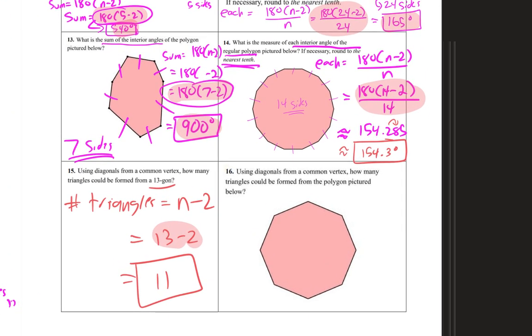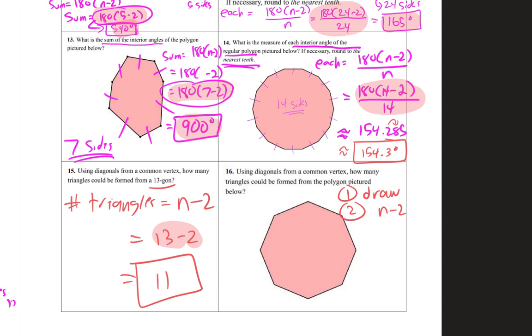Okay, so now that we have a picture, let's get a better idea. It says, using diagonals from a common vertex, how many triangles could be formed from the polygon pictured below? So we can do 2 different ways. One way is to draw it. The second way is to use n minus 2.